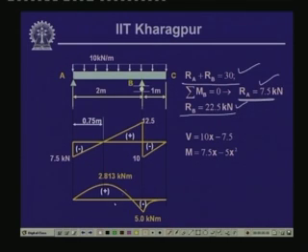Now, let us take a section here at a distance of x, so that we can draw the free body of that particular part. If we draw the free body of that part, we have the reactive force Ra, here we have the shear force V and the bending moment M, and the uniformly distributed load which is acting over this particular segment, and the length of this segment is x.